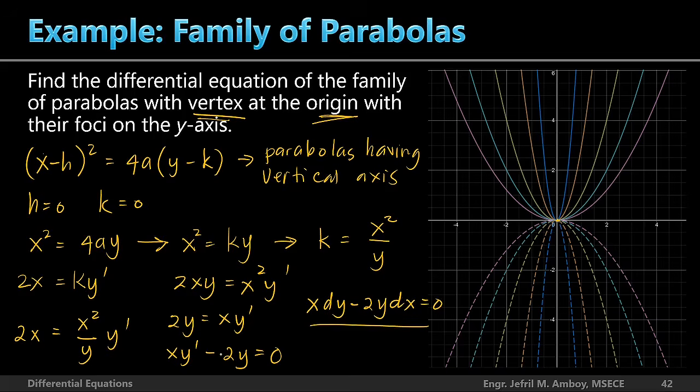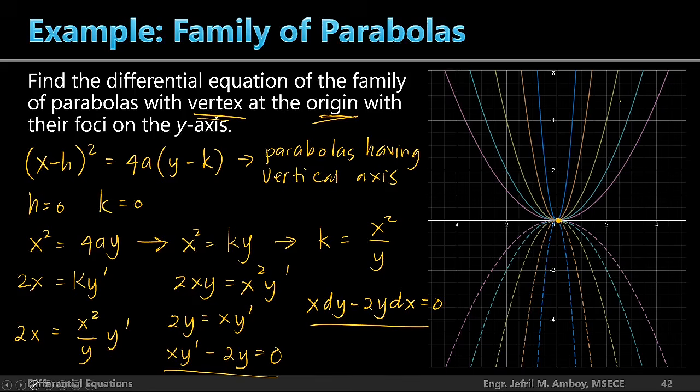So this could be my final answer, or this could be my final answer. So both are differential equations that describe a family of parabolas whose vertices are at the origin and whose axes are vertical. Okay? Di ba madali lang? Sobrang dali. Kayang-kaya niya yan.